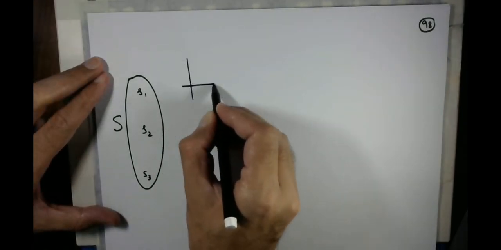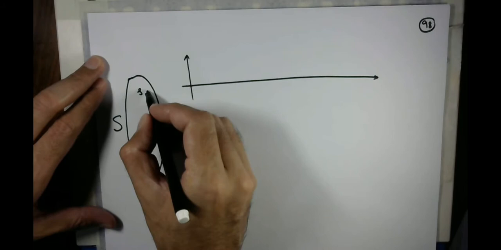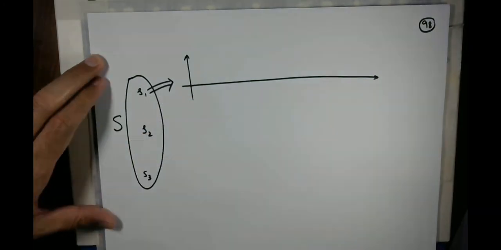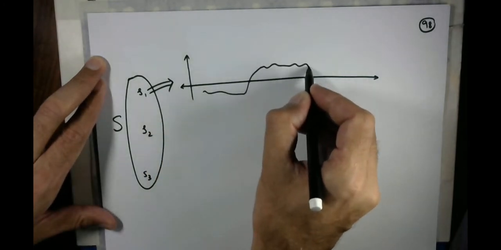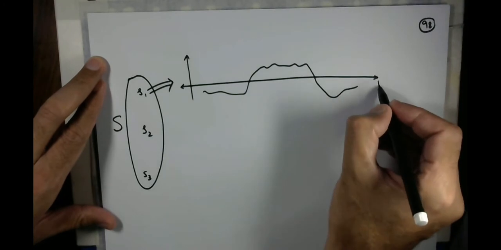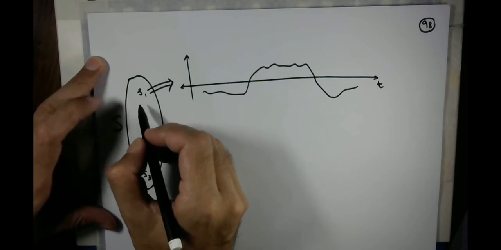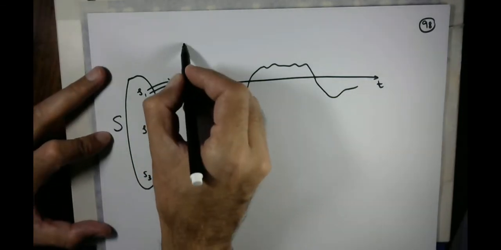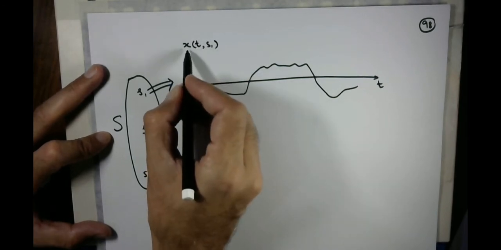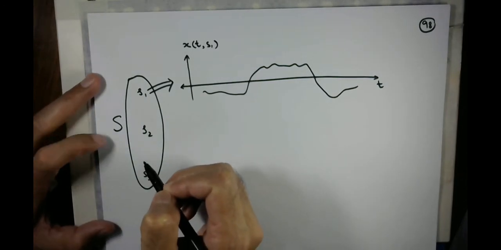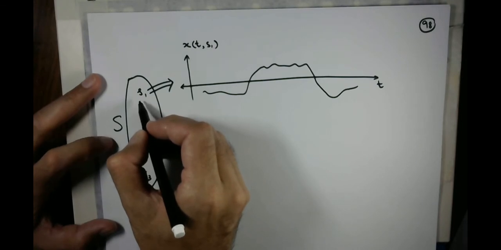What we mean by associating a time function with the outcome s1 of the sample space is basically this. Say you have some function of time which is associated with this outcome of this sample space. So you call it x of t comma s1.